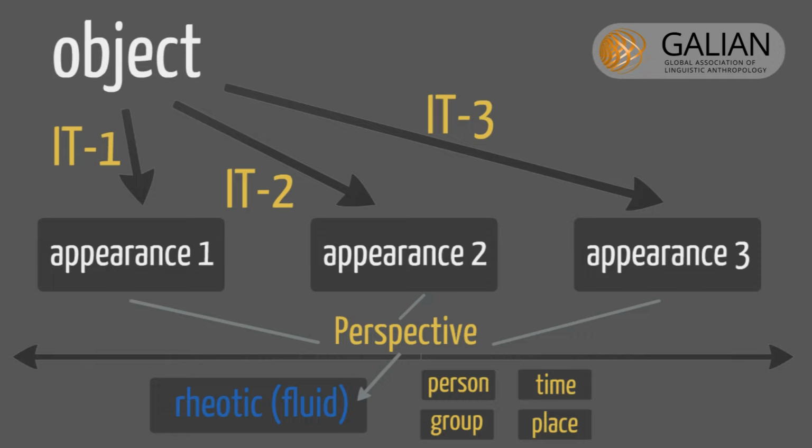Okay, so there's an IT1, interpretive transformation, and the object appears in one way. But then there's an IT2, another interpretive transformation, and it appears in another way. And then the same with IT3, and it appears in a third way.